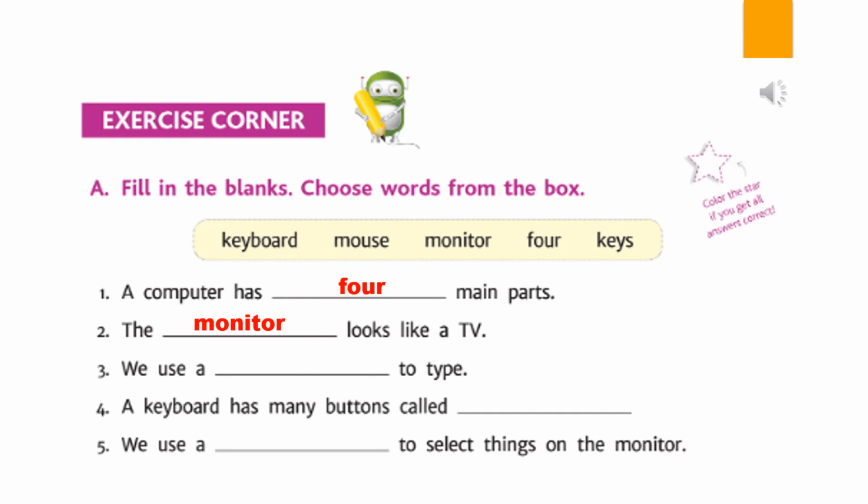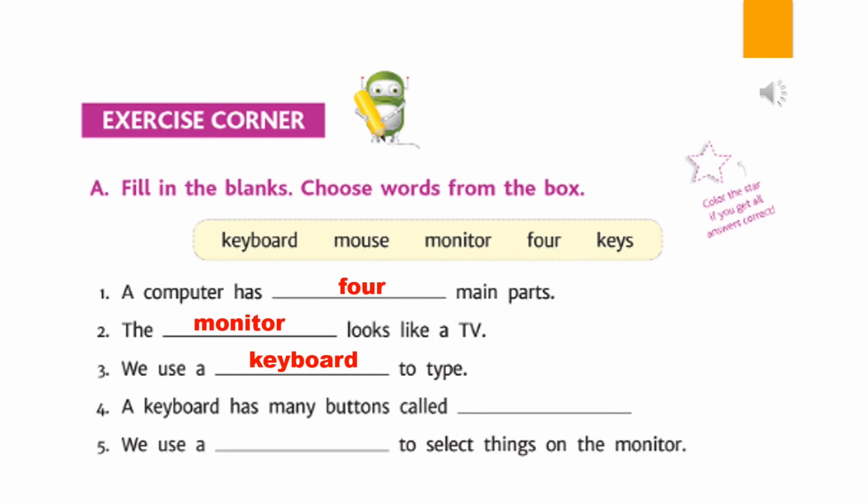The third question is, we use a dash to type. We just revised that we use a keyboard to type. A keyboard has many buttons called dash. What is it called? Keys.